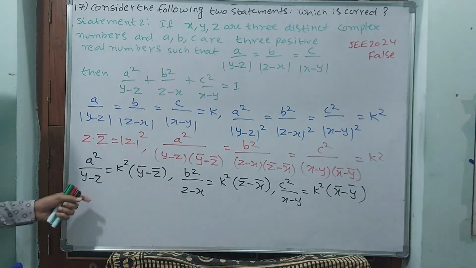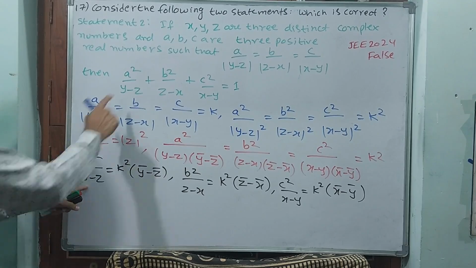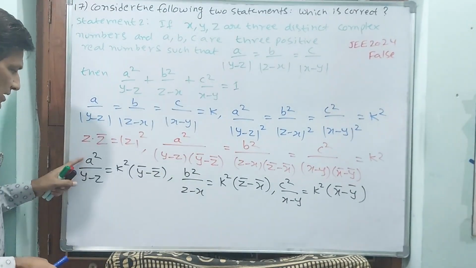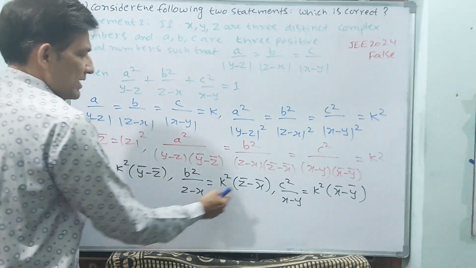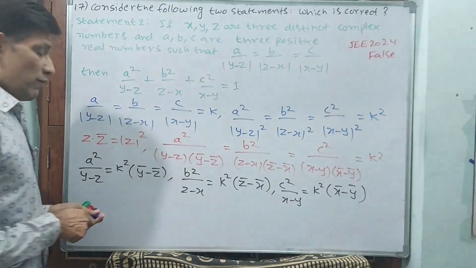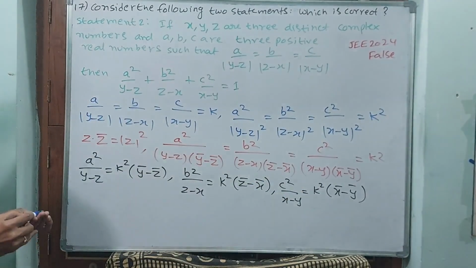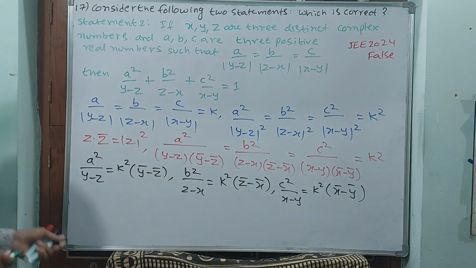Now I am adding all this, because addition is there on the left. We will see what the RHS will be. A square by y minus z plus B square by z minus x plus C square by x minus y. If I add, you see I can take k square common.